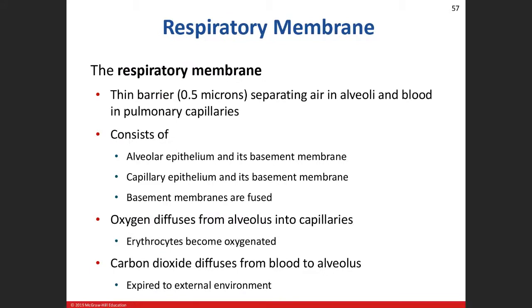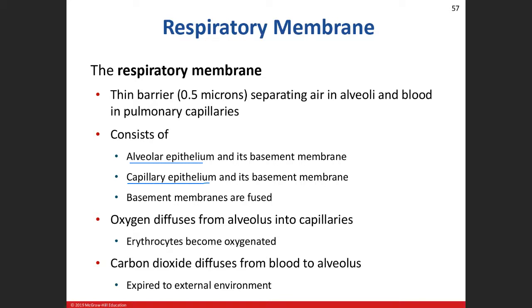So the respiratory membrane is made up of three things. The alveolar epithelium, which is simple squamous epithelium, and the capillary epithelium, which again is simple squamous epithelium. And remember, epithelial tissue sits on a basement membrane.